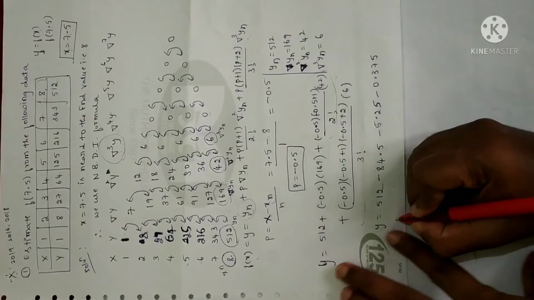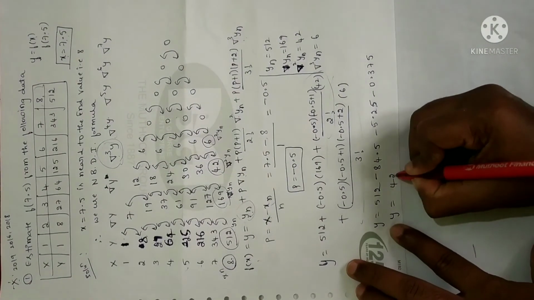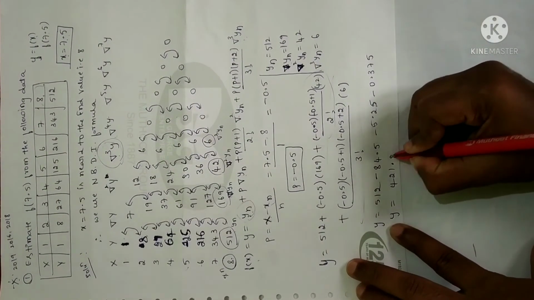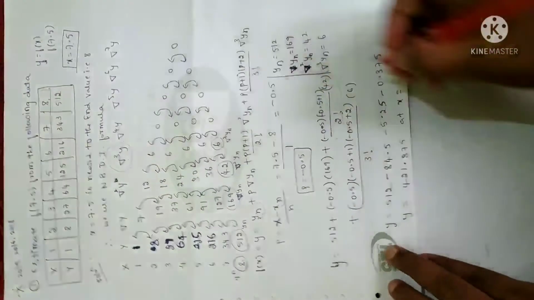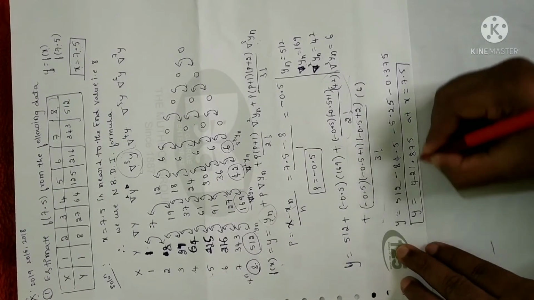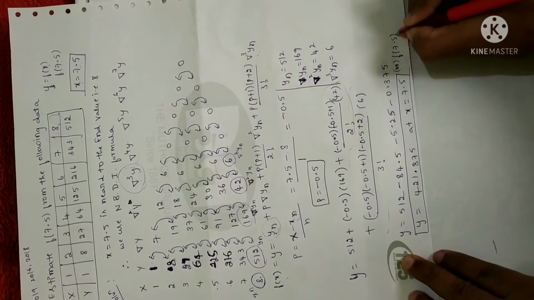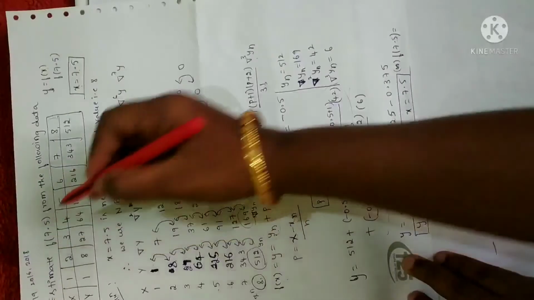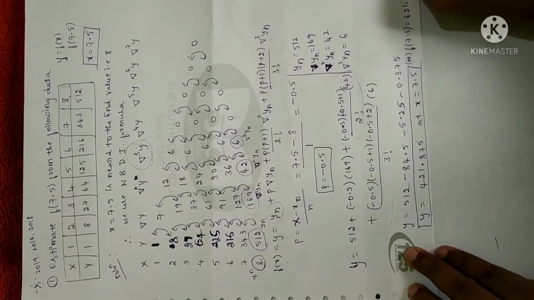So after simplification of this expression, you will get y is equal to 421.875 at x is equal to 7.5. This is the required solution. Y is none other than f of x, or if you want you can write f of 7.5 is 421.875.